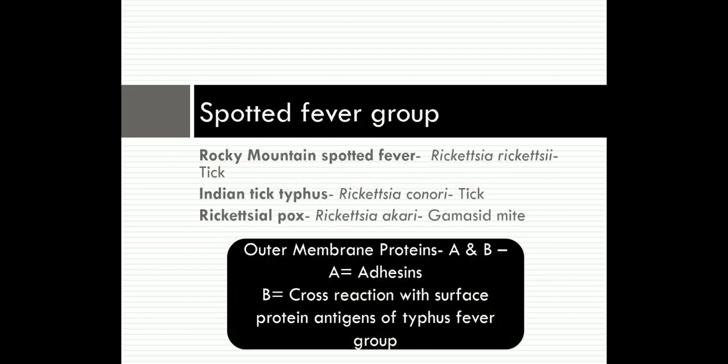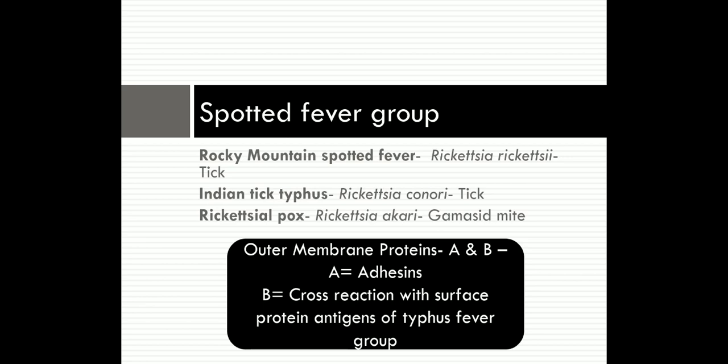Now we go to the next group of rickettsial infections, which are called the spotted fever group. Now there are three infections under spotted fever group. You have Rocky Mountain spotted fever caused by Rickettsia rickettsii, and it is transmitted by ticks.